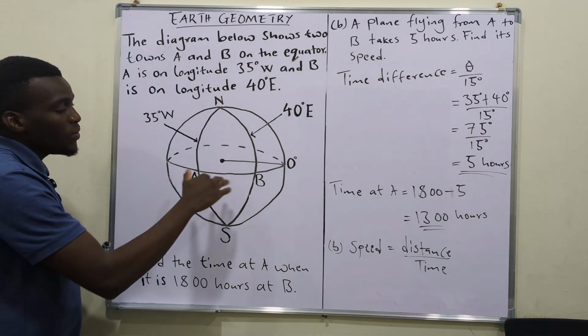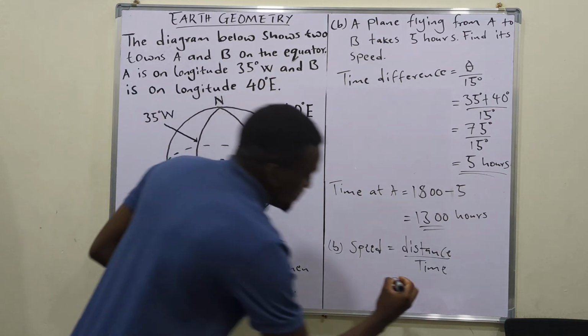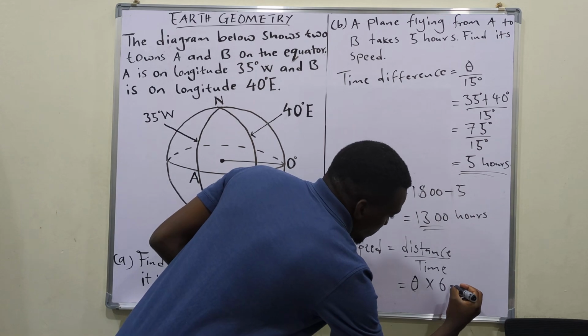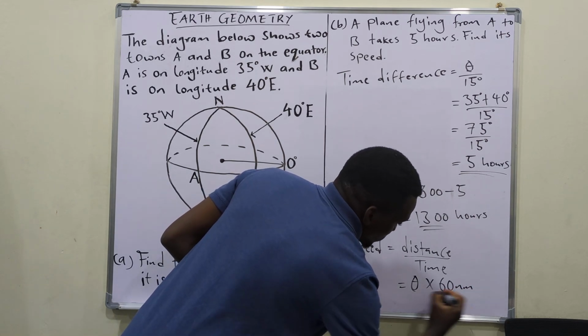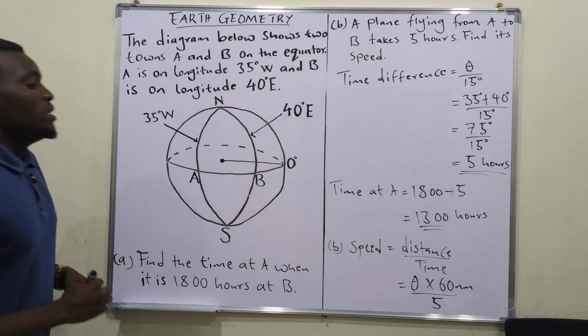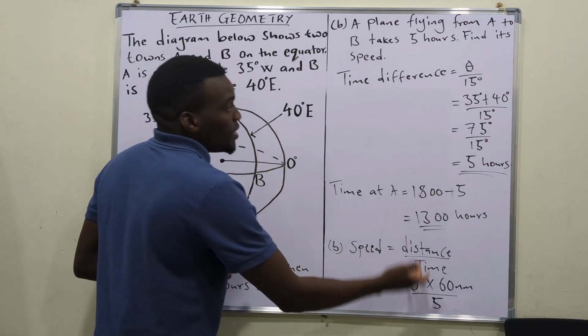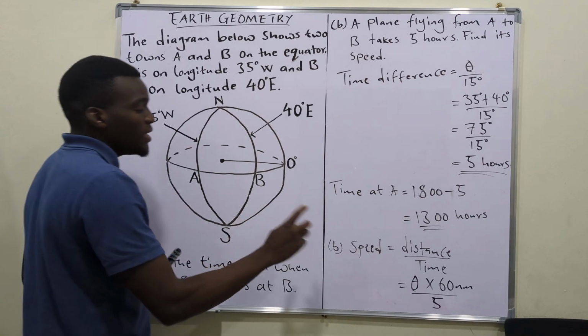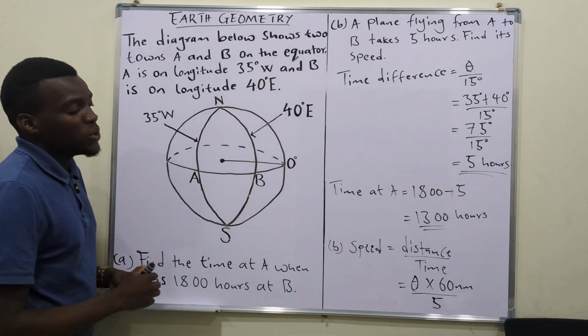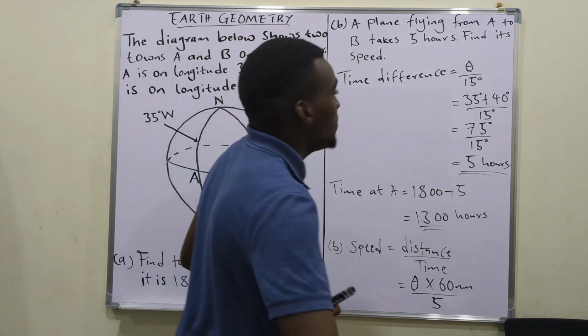So distance along great circles is given by theta multiplied by 60 nautical miles, and then we divide this by 5. Theta in this case is still the difference in longitude. So we get the difference in longitude between points A and B, and replace where there is theta.